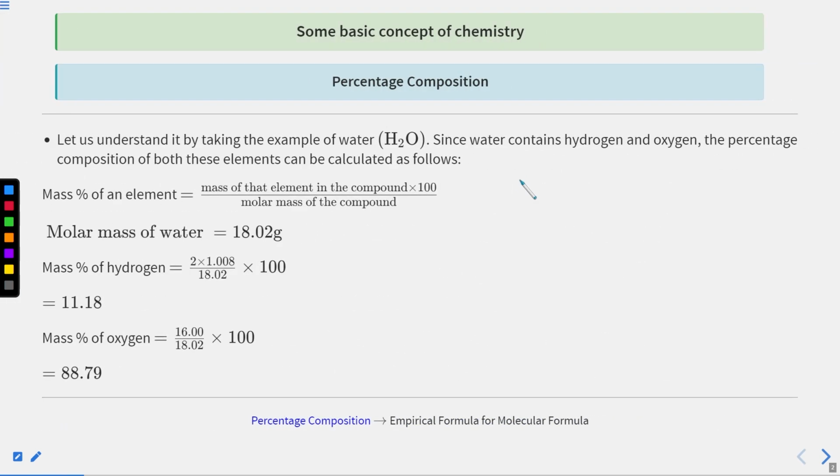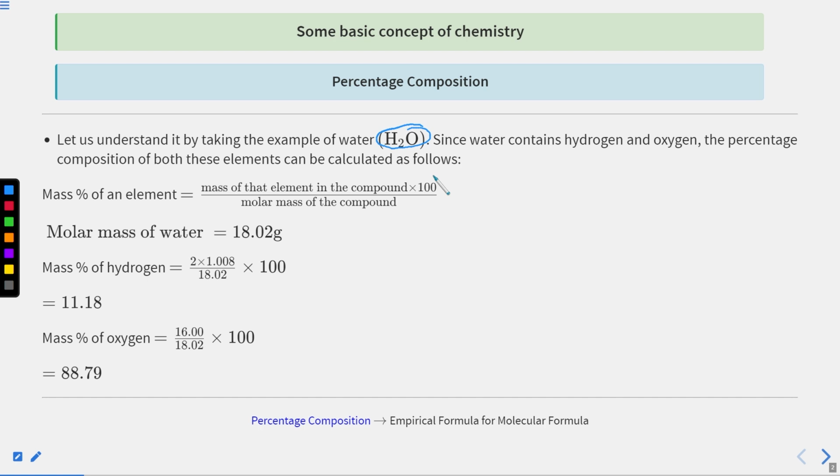Suppose you found a molecule that contains oxygen and hydrogen, right? Further you found that the number of H atoms present is 2 and the number of oxygen atoms present is 1.